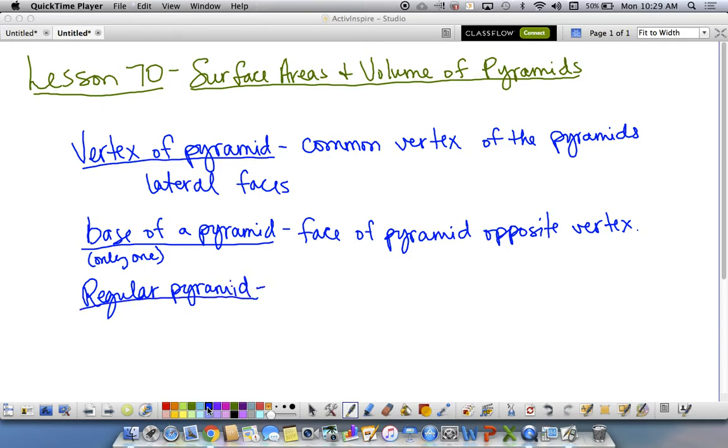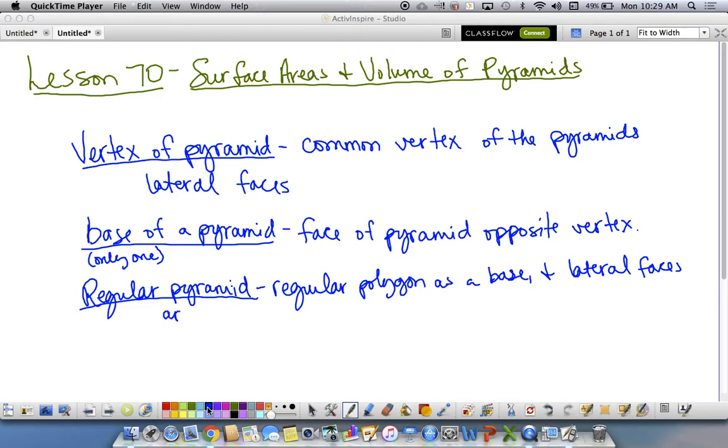So you've got a regular polygon as a base. And all the lateral faces are congruent isosceles triangles.